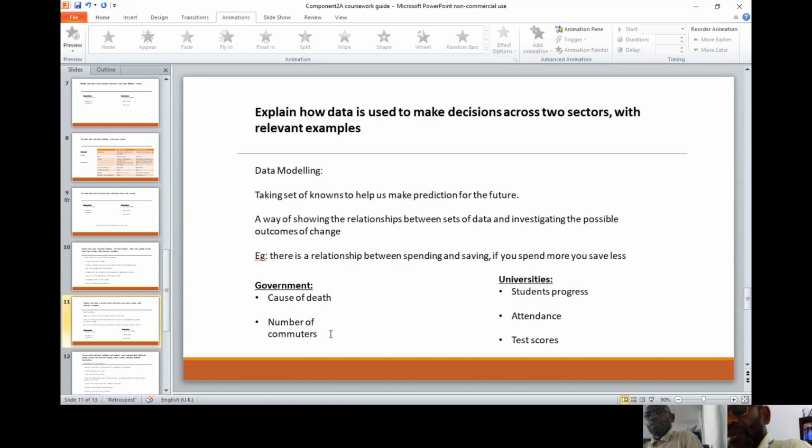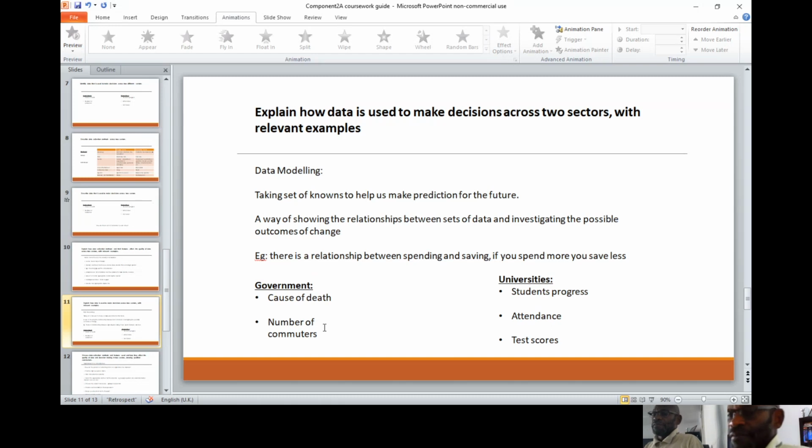And that will also guide the government: if nothing changes, then from that information the government will know how many people will be dead in 2 months' time. That's if nothing changes.